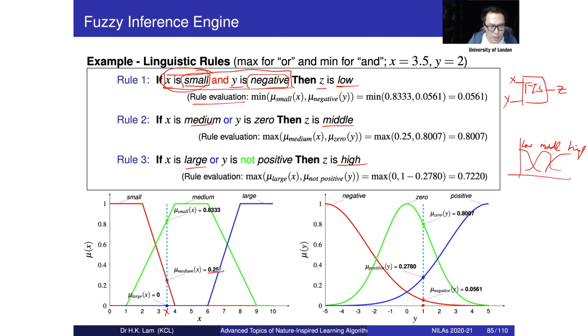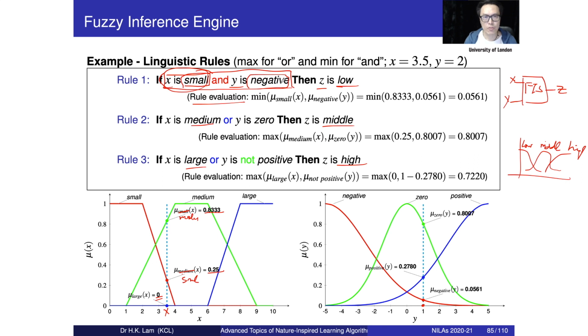Okay, there's a typo right here. This is medium, and then this is small. So mu small is 0.25, and mu medium is 0.8. For large, according to the red line, the membership grade is 0.